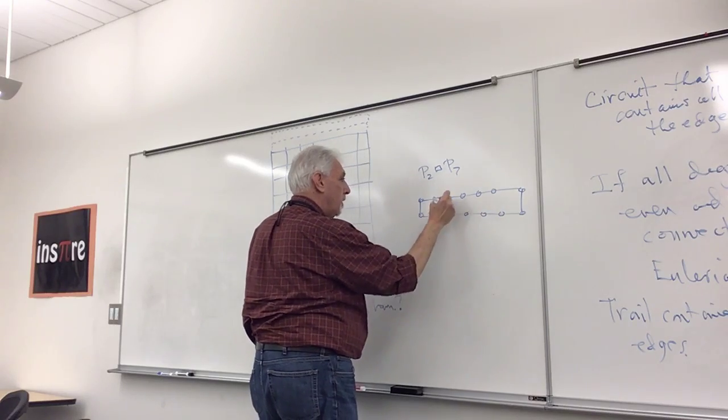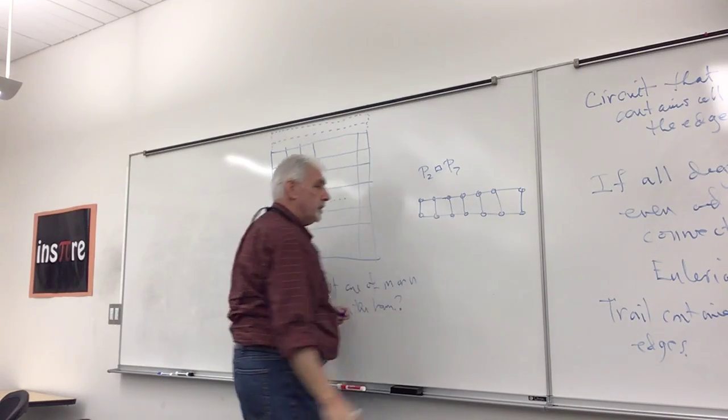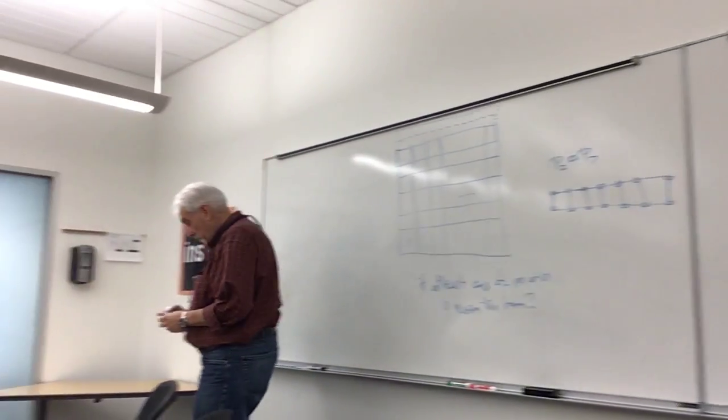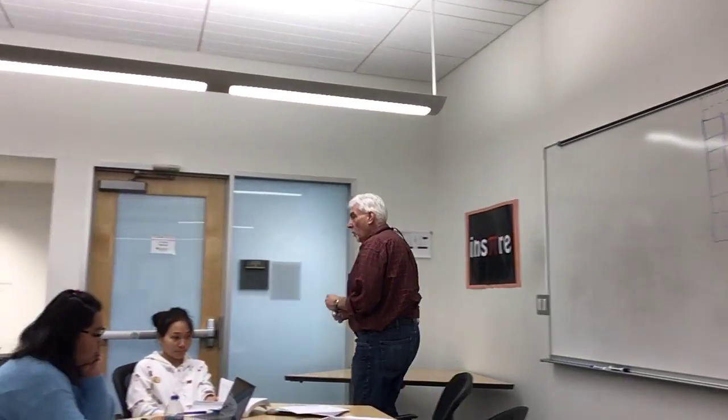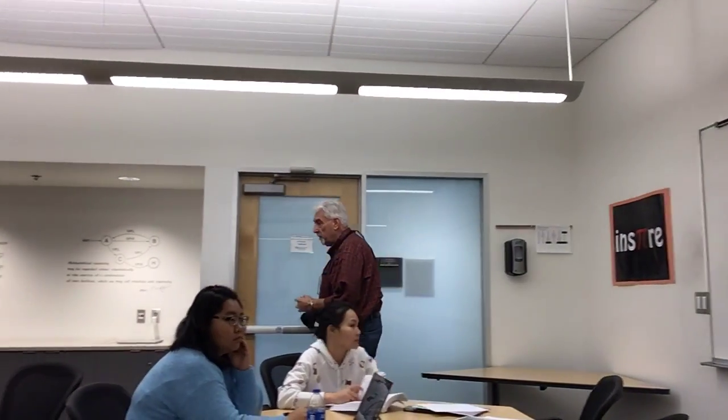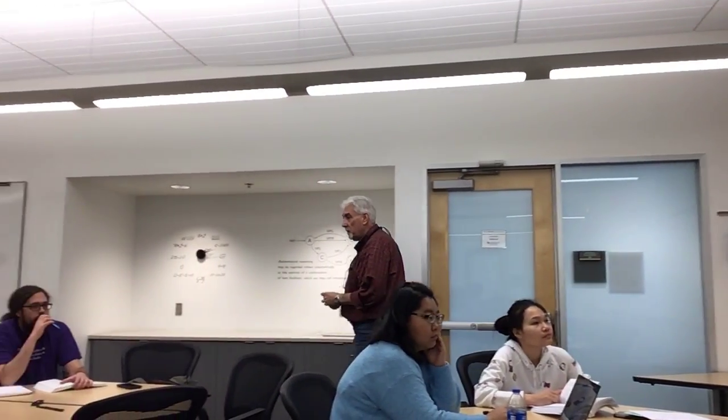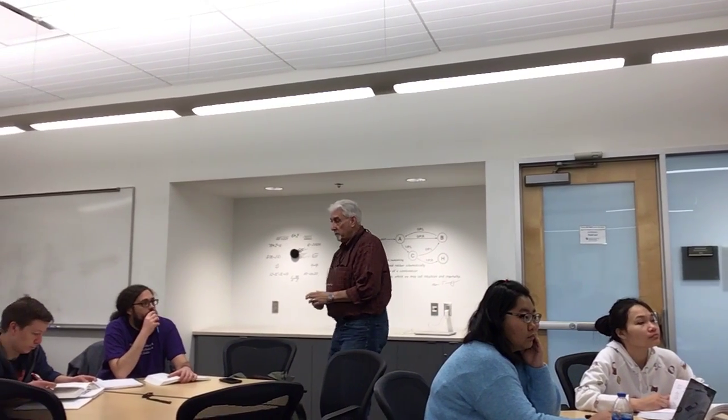The product of P2 and P7 is this. One looks pretty odd to me. Is one of them odd? One is odd. Is it Hamiltonian? Yep. Looks pretty Hamiltonian to me.